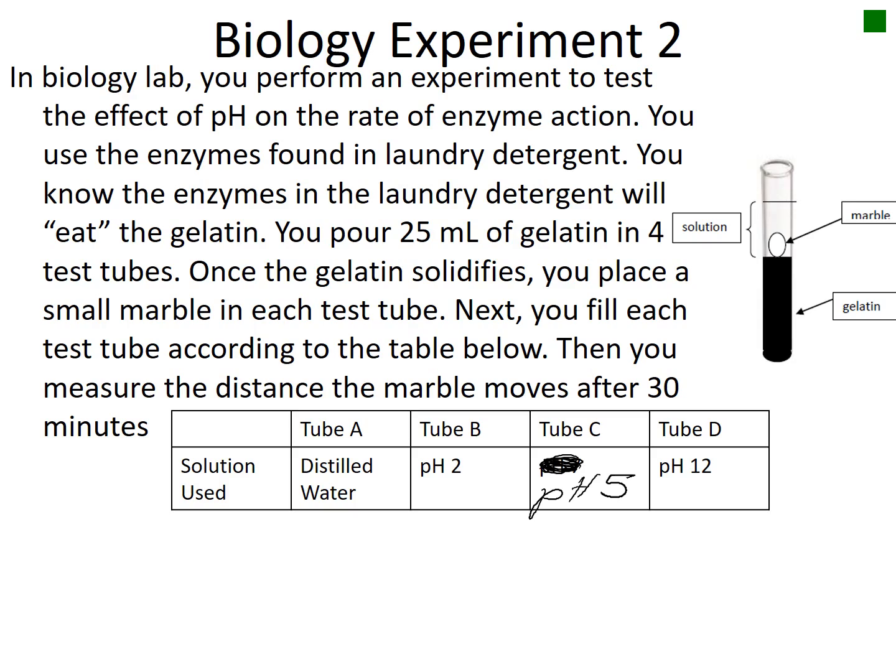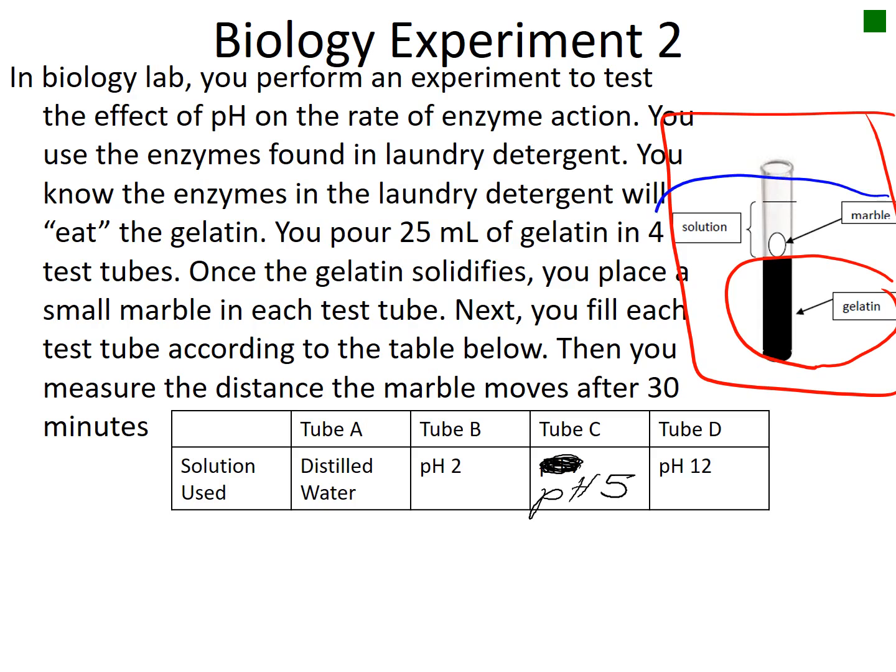So you have 4 test tubes that each look like this test tube that I just put a box around. They each have 25 milliliters of gelatin, which was supposed to be blue, but it's red. So 25 milliliters of gelatin at the bottom, and then they are each going to have the same amount of solution at the top.